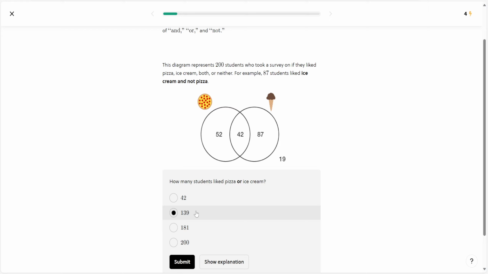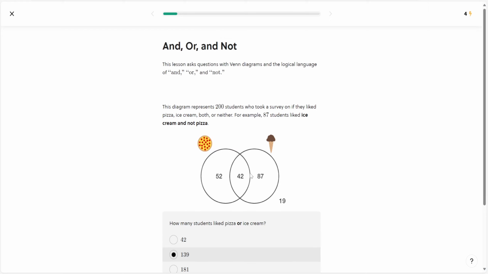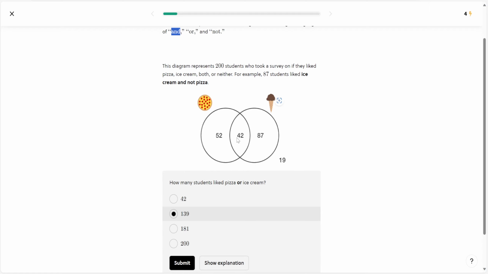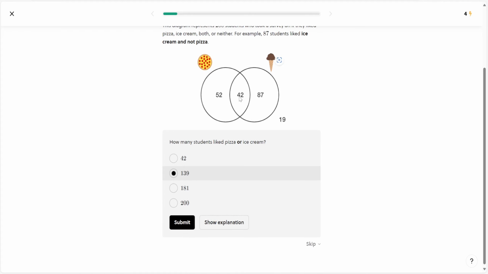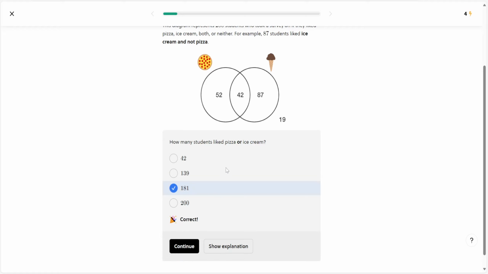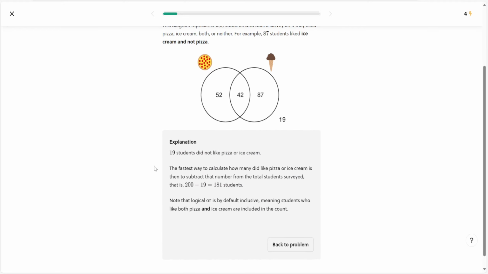But in the realm of logic, you are also including the group of people with and so you will be including the 42 in the middle to make it 181. Yeah. 19 students did not like pizza or ice cream.